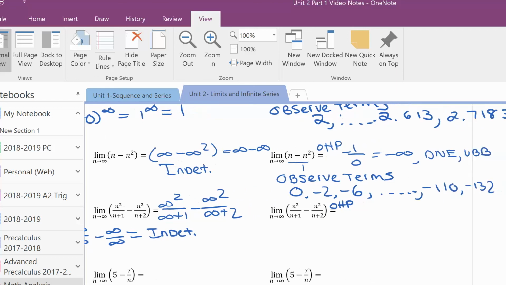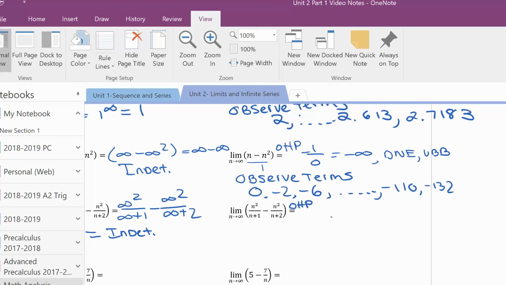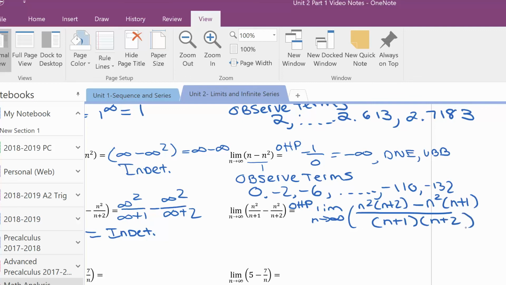In order to do that, we want to make it one expression, which means I could take the limit as n approaches infinity of n squared times n plus 2 minus n squared times n plus 1 all over n plus 1 times n plus 2. Then I have to multiply it out.